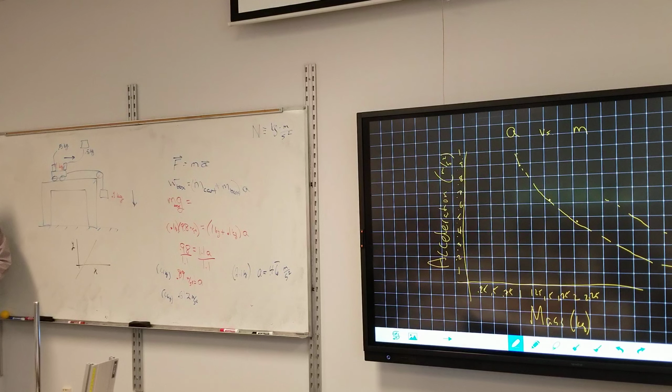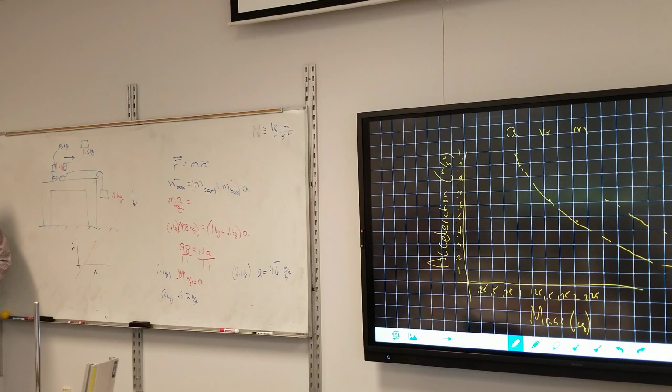And again, I don't care for m because we use that for other things, so I'm just going to use the letter s for slope. This is the slope-intercept form. So what I want is to get that equation into something that looks like that. Well, this is mass, and this is acceleration.